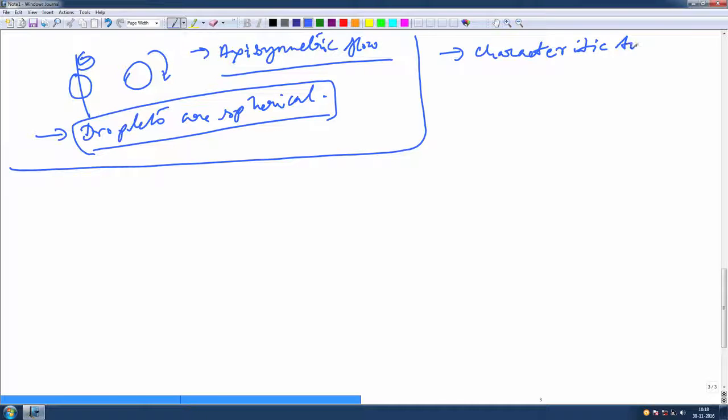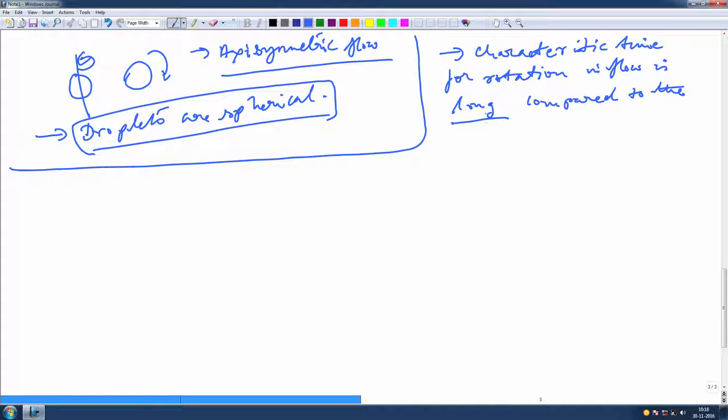The characteristic time for rotation in flow is long, and I highlight the word long, compared to the transit time of a gas parcel around the droplet.